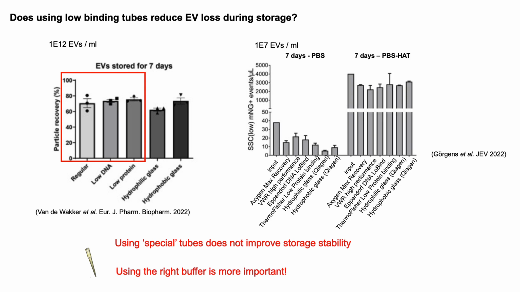Also in the paper of André Görgens, there's attention paid to this, and what he shows here is that in PBS you get really big losses of EVs, but using the PBS-HAT buffer, this is largely prevented. So I think using special tubes doesn't improve storage stability that much. It's more important to use the right buffer.